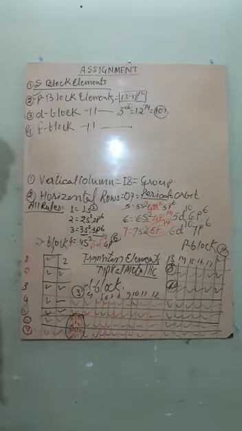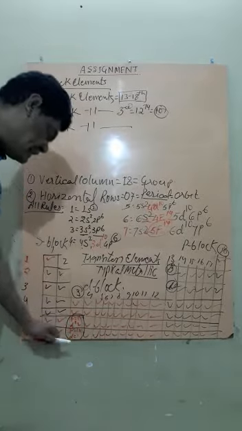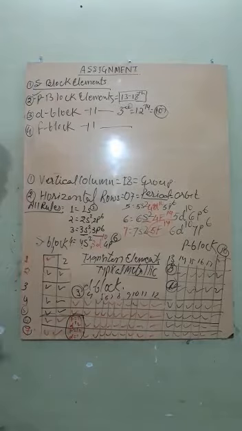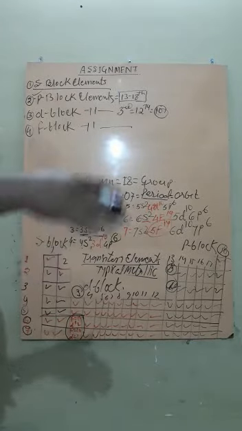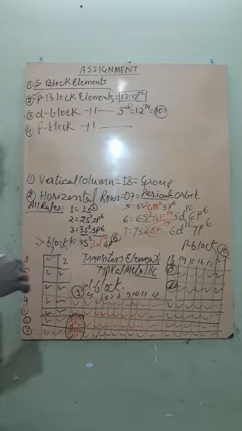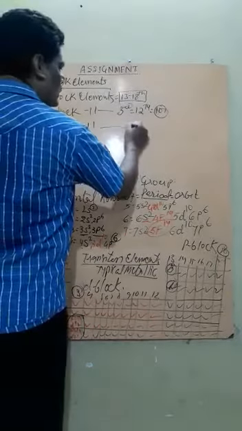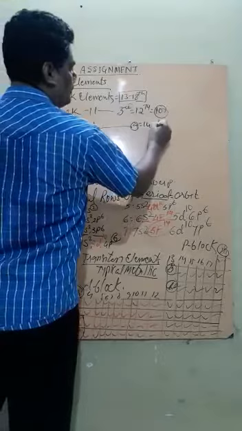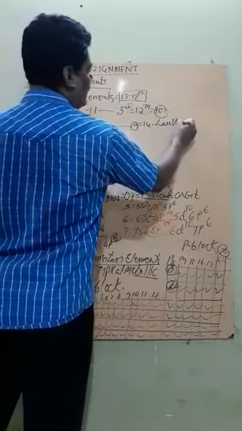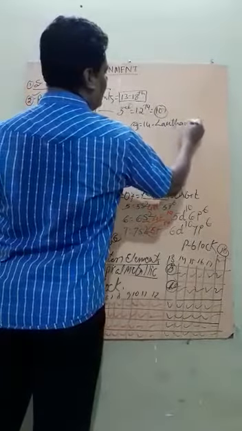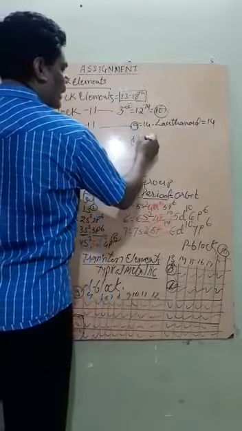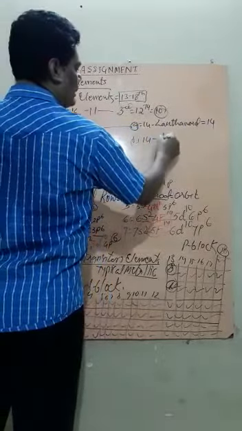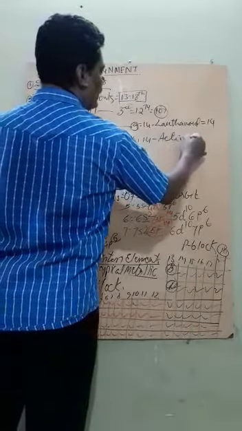Therefore these two series of the 6th and 7th periods are given separately at the bottom of the modern periodic table, forming two rows of 14 elements. The first row is called lanthanoids. How many elements do the lanthanoids consist of? 14 elements. And the second one again consists of 14 elements. These are called actinoids.